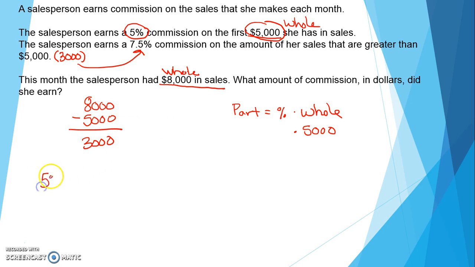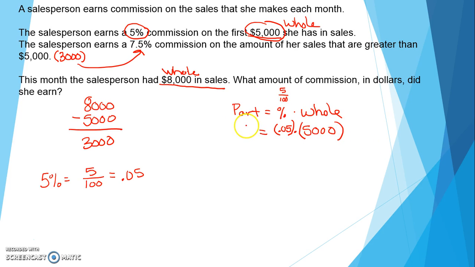We have to change that percent to a fraction or decimal. Percent is always out of 100, so that's 5 out of 100, which is 0.05. I often just put it in decimal form, but if you're more comfortable with fractions, you could also write 5 out of 100 and multiply that by 5,000.